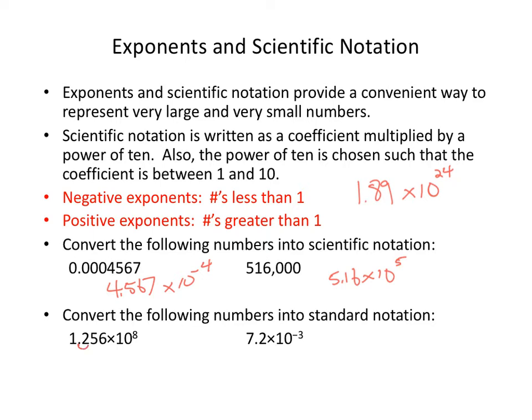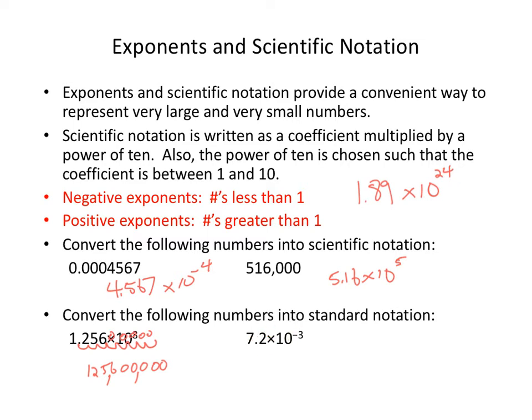So 1, 2, 3, 4, 5, 6, 7, 8. And so I can fill in zeros here. So I have 1, 2, 5, 6, and then 1, 2, 3, 4, 5 zeros, and it might help to put in the commas. And then we can double check: 1, 2, 3, 4, 5, 6, 7, 8. So it looks like I've done that correctly.